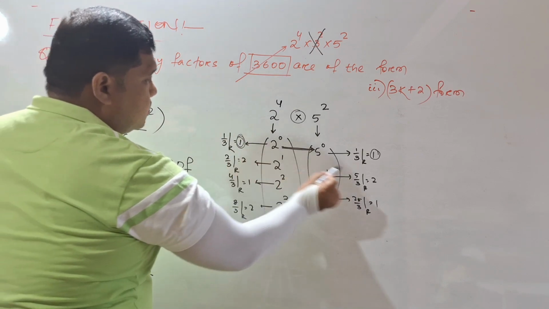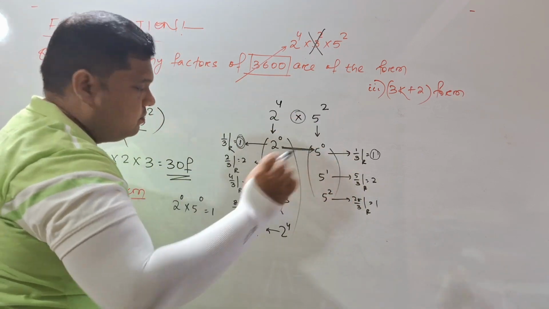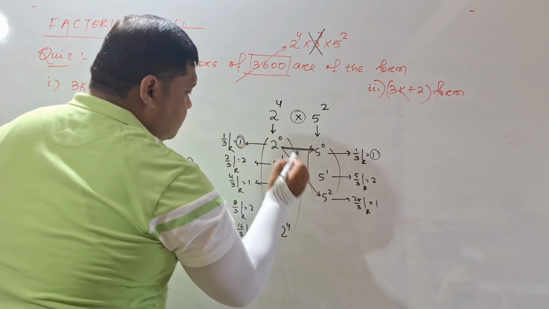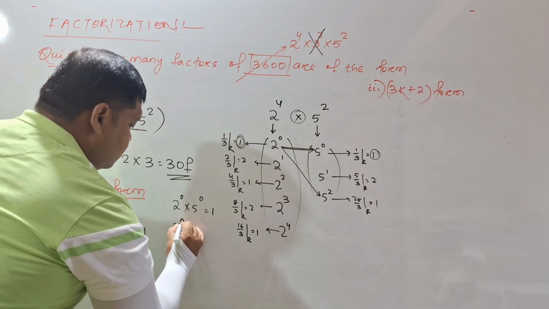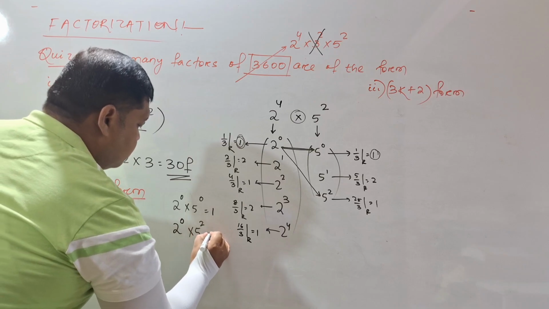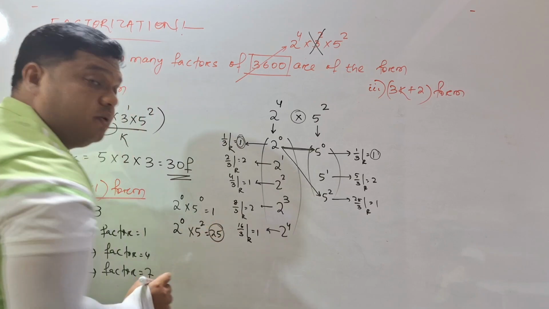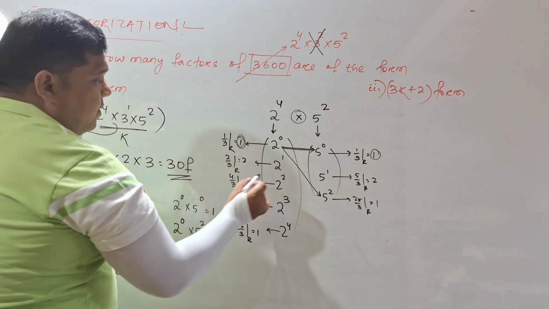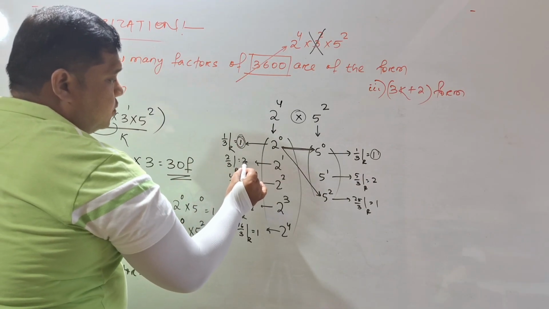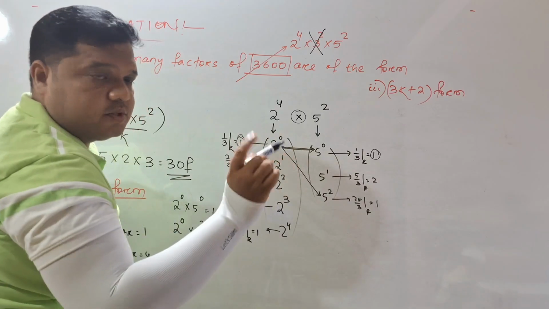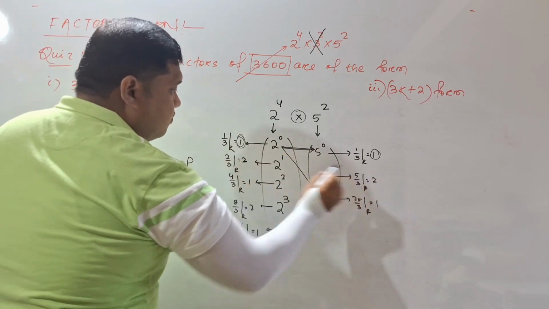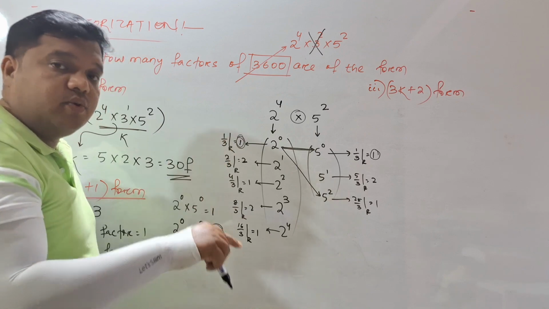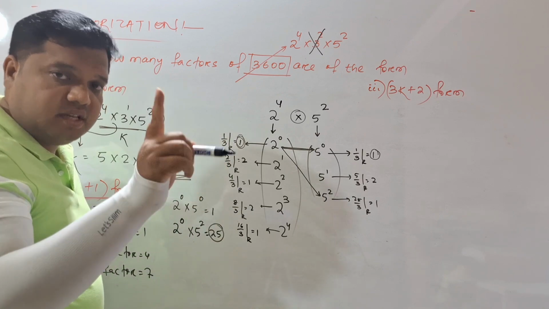Now 1 into 2 is not possible, the remainder is 2. 1 into 1 is possible: 2 to the power 0 into 5 square, basically the number 25. 25 means 24 plus 1, 3k plus 1 form. Now here the remainder is 2. 2 into 1 is 2, not possible. 2 into 2 is 4, possible. 4 is greater than 3, and when you divide, the remainder is 1.